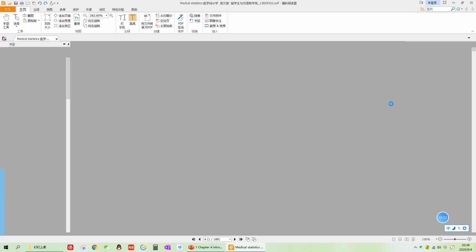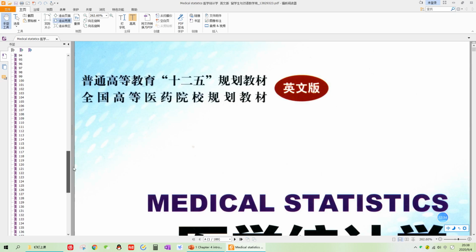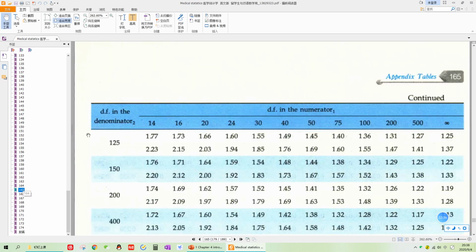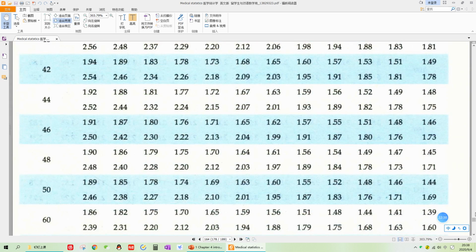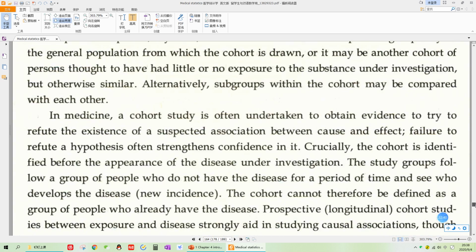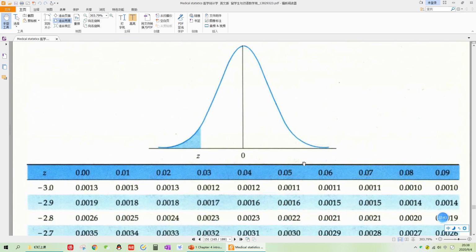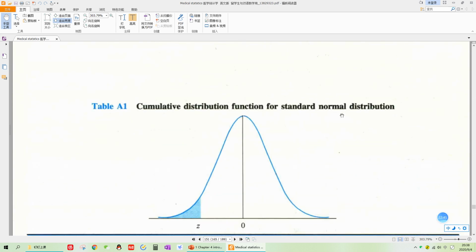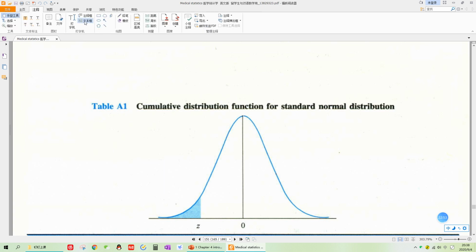Okay, so let's turn to our table A1. We can find that this is table A1. This is the cumulative distribution function for standard normal distribution.